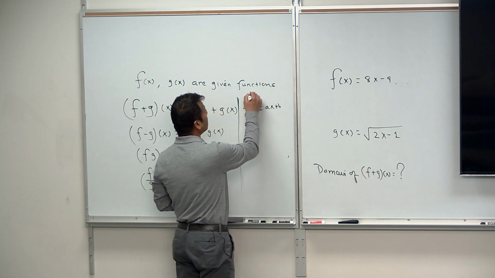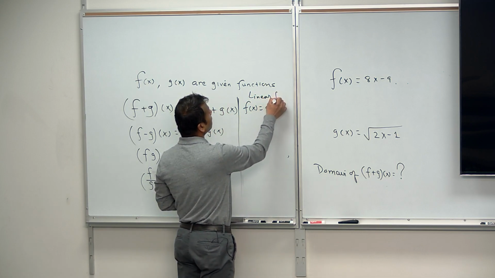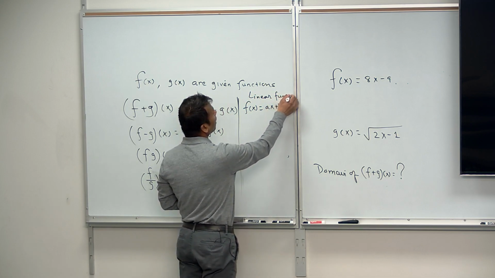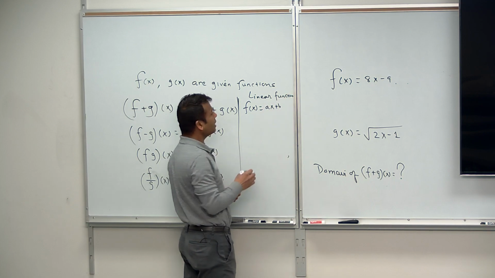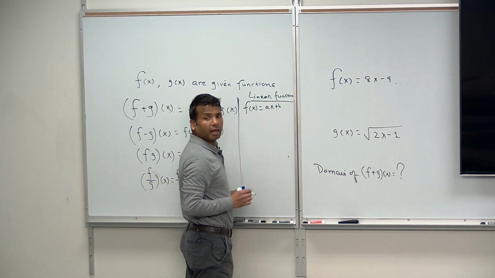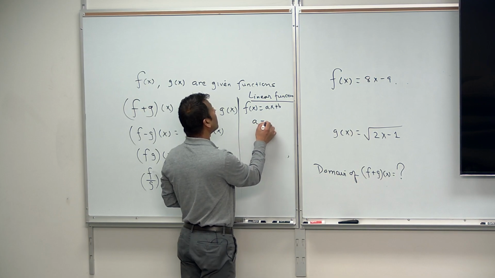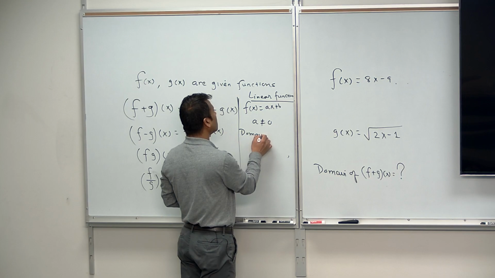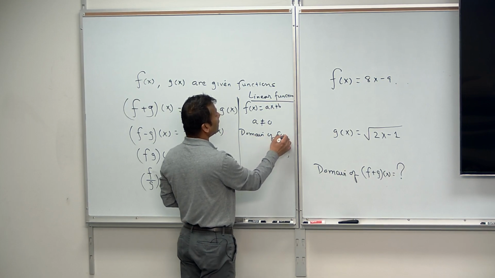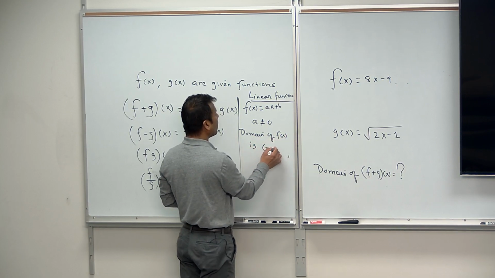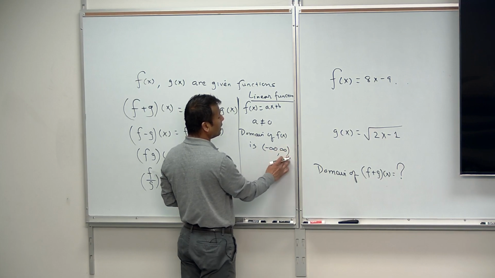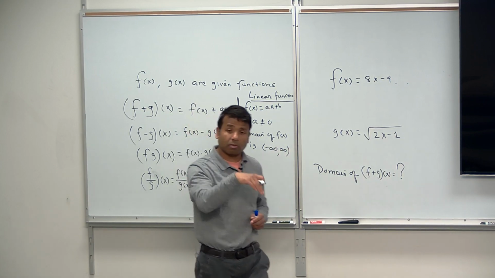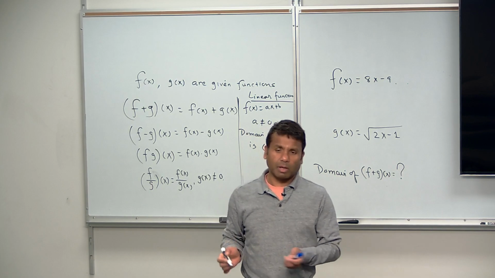This is a linear function. In a linear function, if a is not equal to 0, the domain of f of x is negative infinity, comma positive infinity. We talked about that maybe a couple of weeks back.